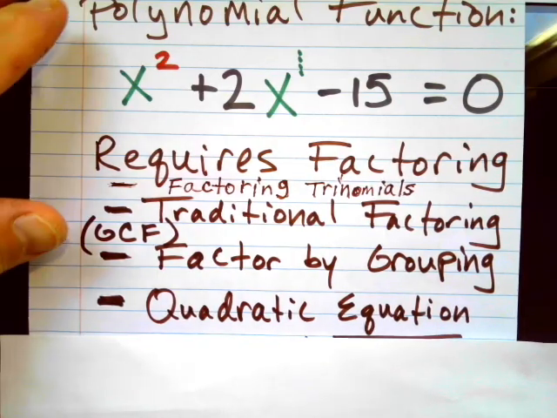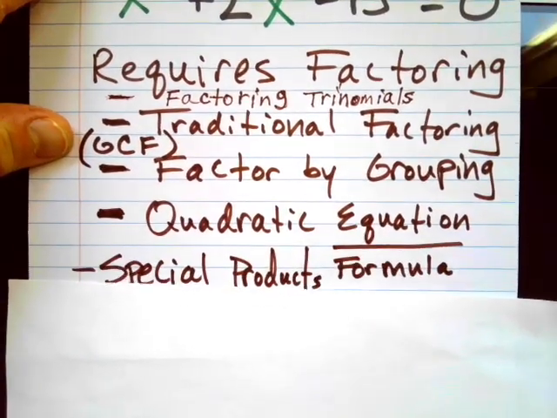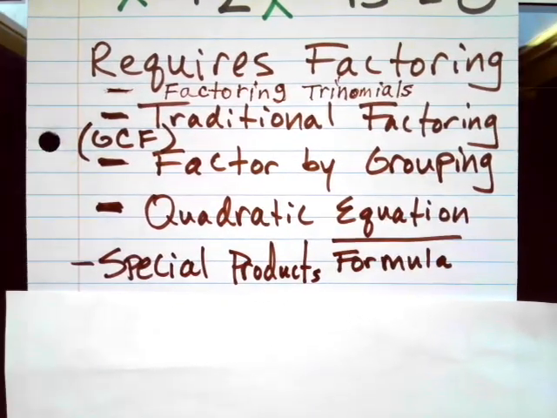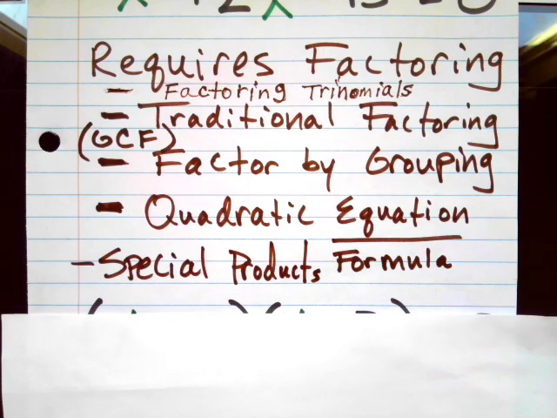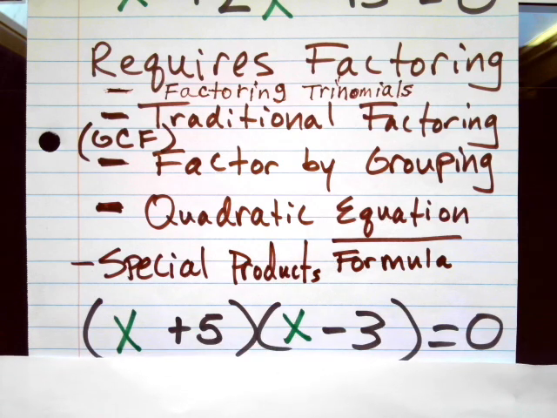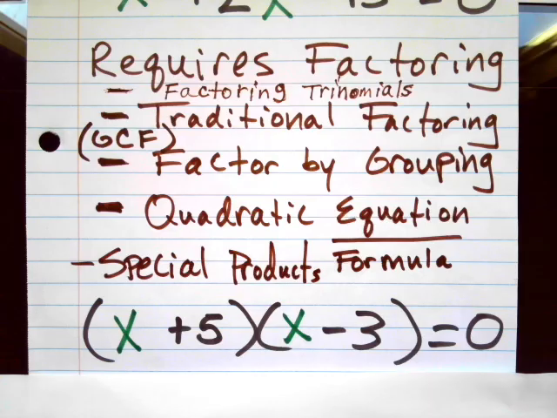I'll get into that a little bit later in some of these skill videos. And then we'll go over finally special product factoring, right? So if you took that original problem at the top, x squared plus 2x minus 15 equals 0, you would factor that down into the quantity x plus 5 times the quantity x minus 3 equals 0. You set each of these equal to 0, solve for x, and you have found the zeros of the polynomial function.